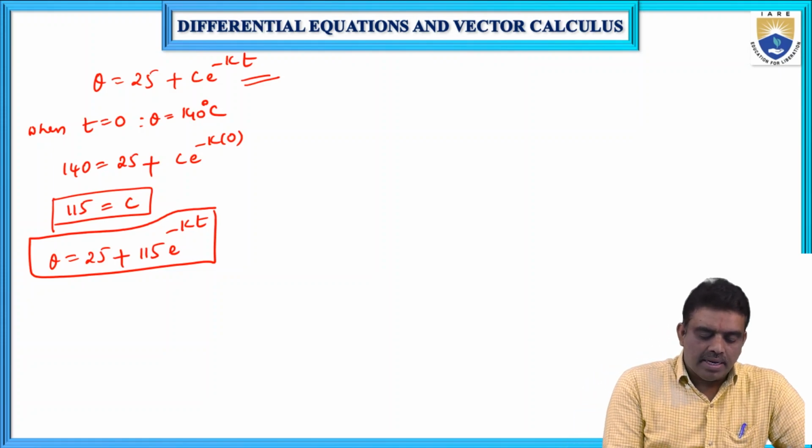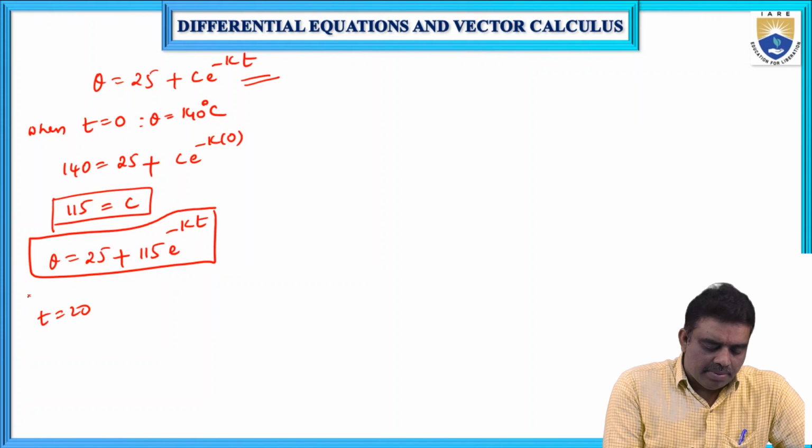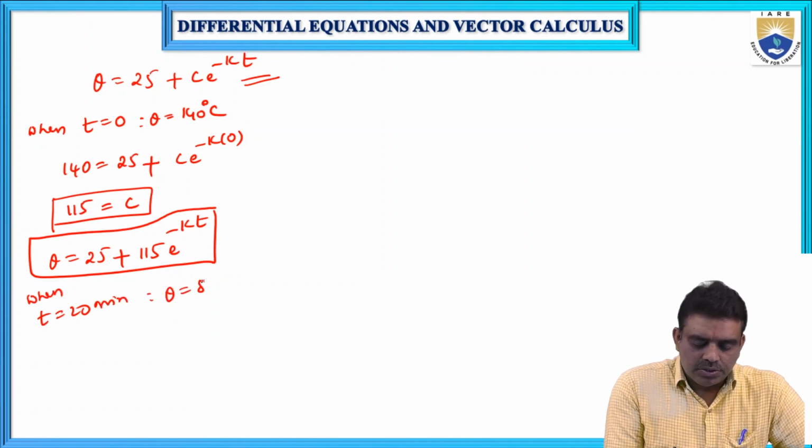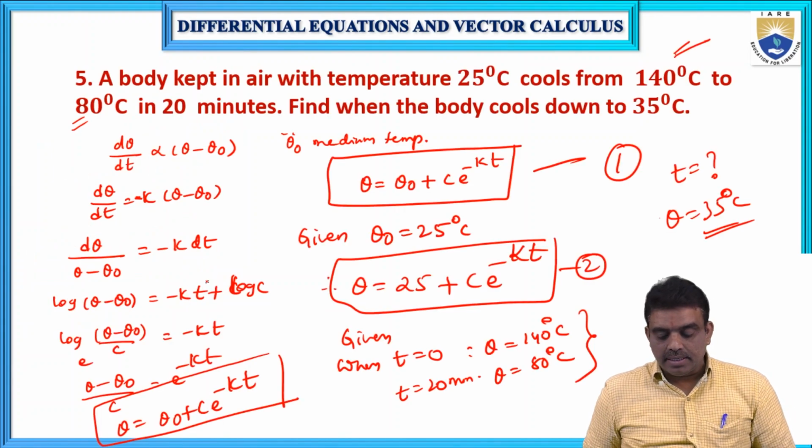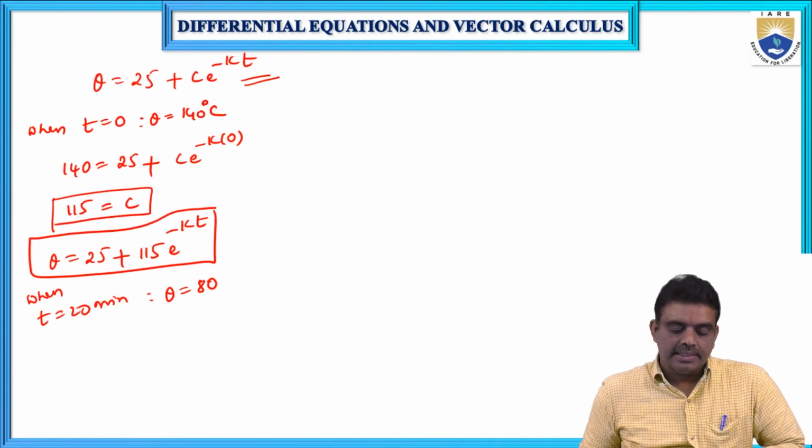Now we have another relation also. When t is equal to 20 minutes, theta reduces to 80 degrees Celsius.